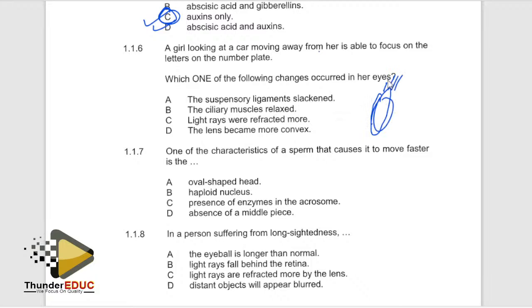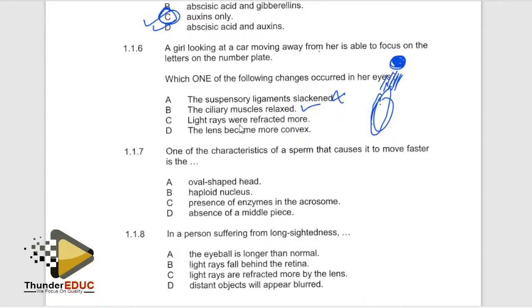The suspensory ligaments become taut, and the ciliary muscles or ciliary body relaxes. The tension on the lens decreases, the lens becomes less convex. The suspensory ligament becomes taut, and the ciliary muscle relaxes. Yes, this one looks correct.